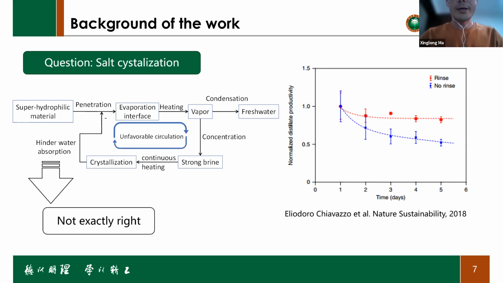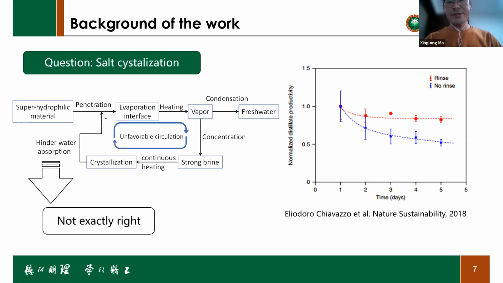With evaporation going on, the salinity of the water near the evaporating interface will rise, and finally it will crystallize. The salt crystal will prevent the penetration of seawater. One researcher showed the accumulation of salt will decrease freshwater productivity by more than 40%. It is shown in the right figure.